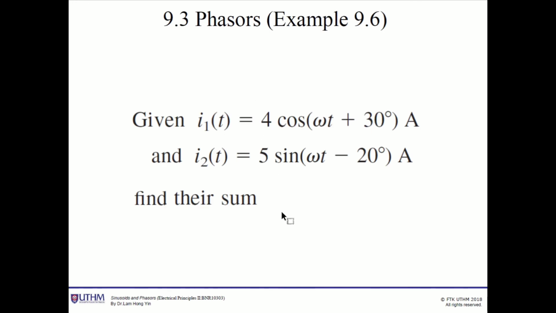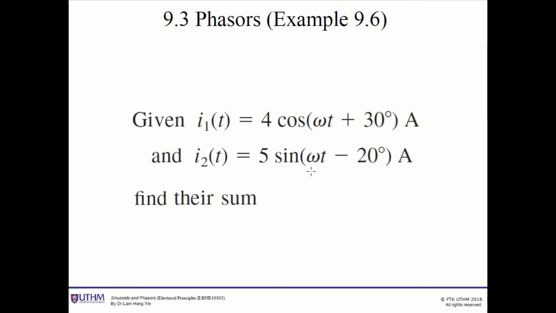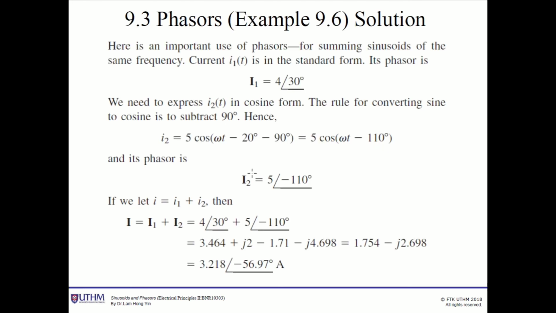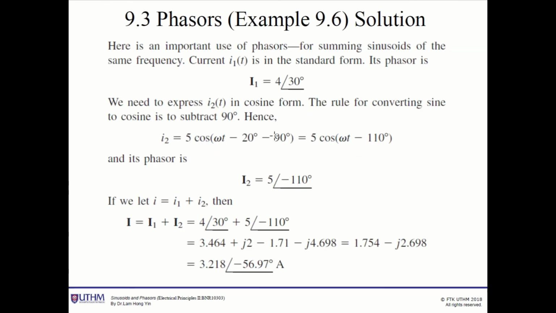And I2 is, because this is a sine here, you need to change it to cos. That's why you get cos, and that's why you get minus 90 degrees over here. To change sine to cos, you just subtract 90 degrees.